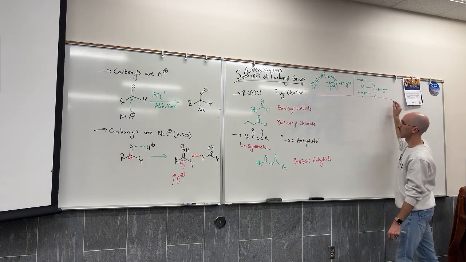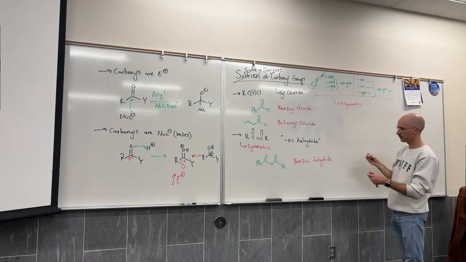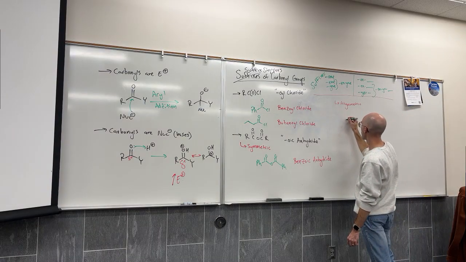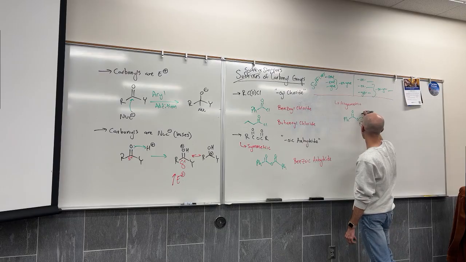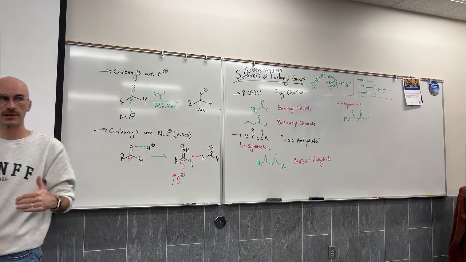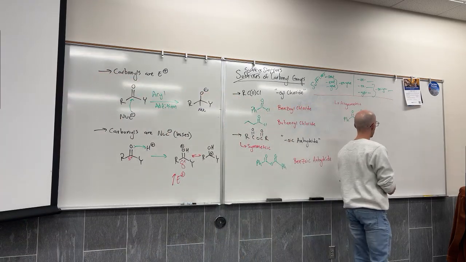And if I have something that is asymmetric, here I've got a benzoic side of my anhydride and a propanoic side of my anhydride. I name them both alphabetically: benzoic propanoic anhydride.